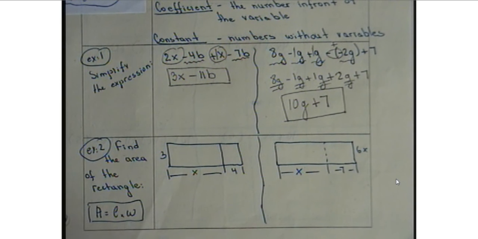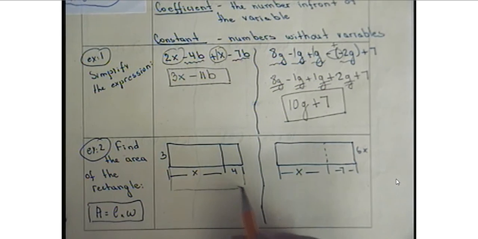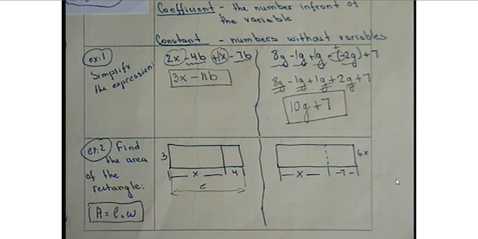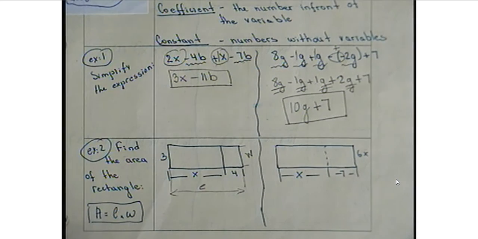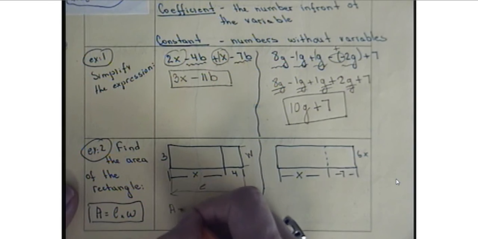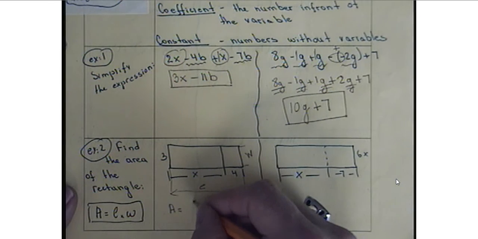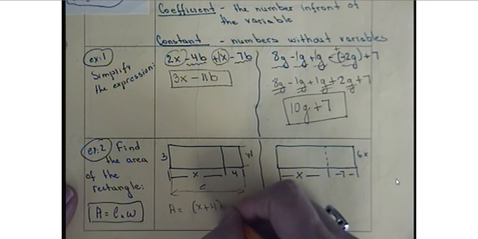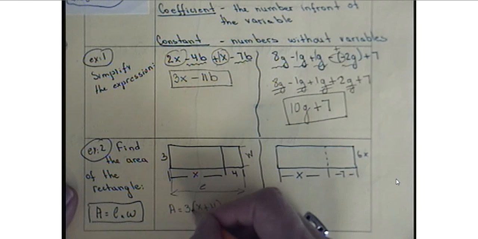So in this case, this whole part over here is L, the length, and this part over here will be the width. So the total area will be equal to length, which is x plus 4, times 3. And you can multiply times 3 up front.